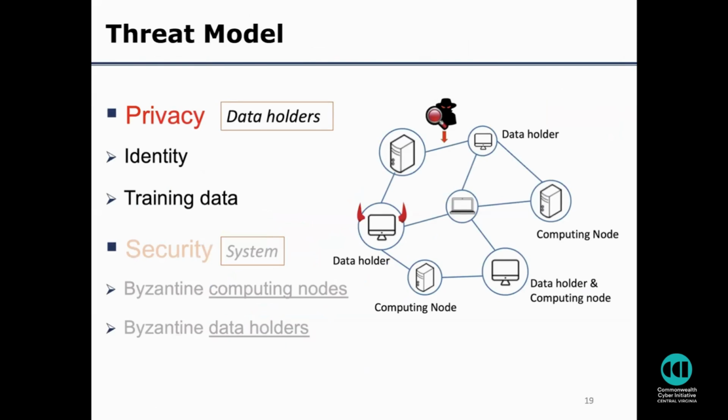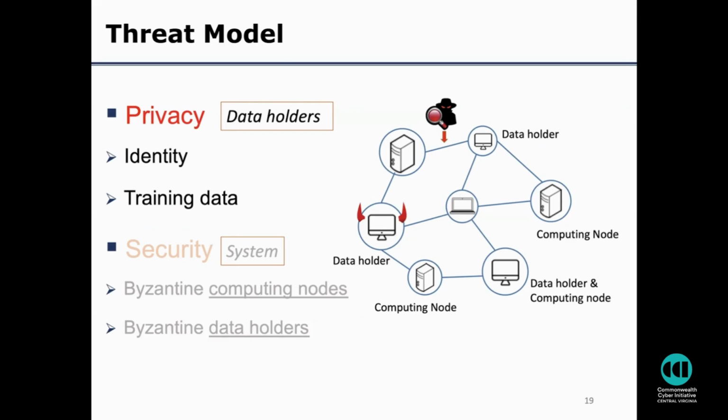So in this framework, what kind of security and privacy issues may it have? Let's see the first one, privacy. We consider two types of threats to data holders' privacy. The privacy is defined as the data holders' identity information privacy and also their training data privacy.